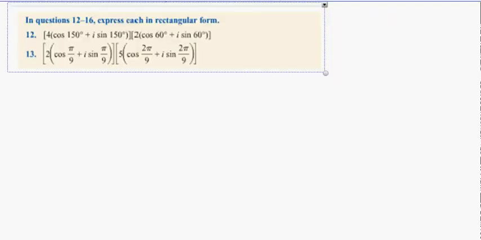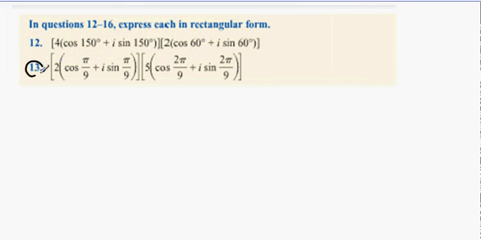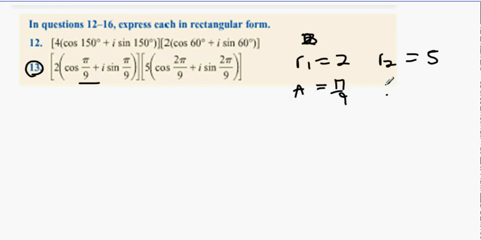Now, moving on. Express each of these in rectangular form. So, let's do number 13 as an example. Okay, so number 13, I'm going to say that R1 is 2, R2 is 5, A is pi over 9, B is 2 pi over 9.